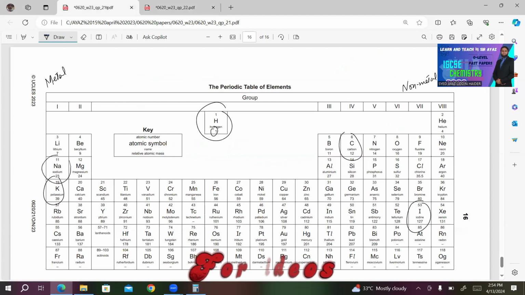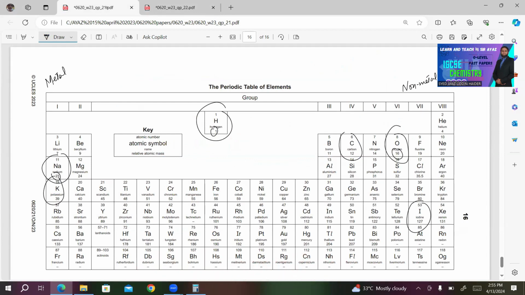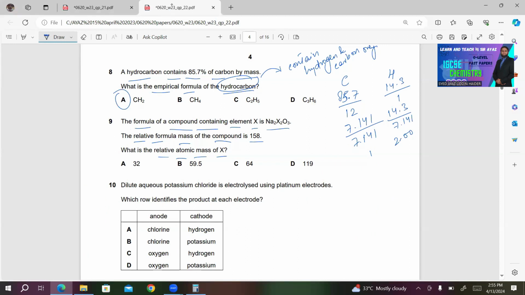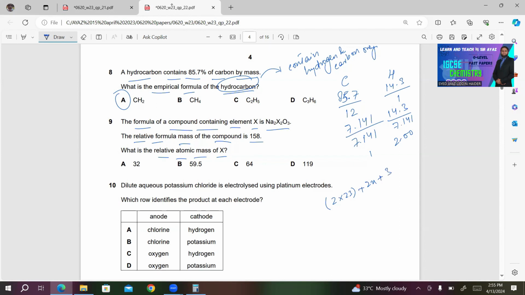Sodium, it's here. Its AR is 23. What about oxygen? It's in group 6. It's 16. So for sodium, I will multiply 2 by 23 plus the 2 atoms of X. So I will write 2x plus 3 multiplied by 16 is equal to 158.